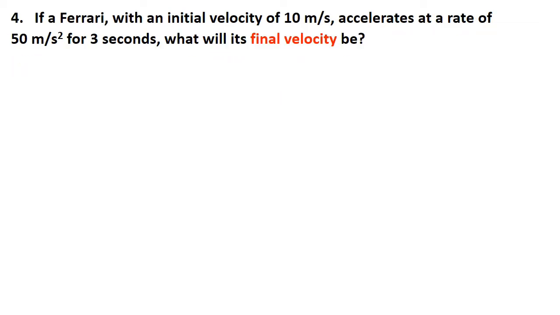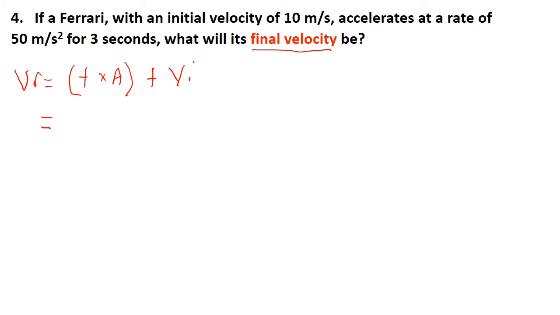On the last problem here, number 4, it says if a Ferrari with an initial velocity of 10 meters per second accelerates at a rate of 50 meters per second squared for 3 seconds, what will be its final velocity? So we're solving for final velocity. From our equation card, we know that final velocity is equal to the time times the acceleration, and I always put that in parentheses so I know to do it together, plus the initial velocity, VI.